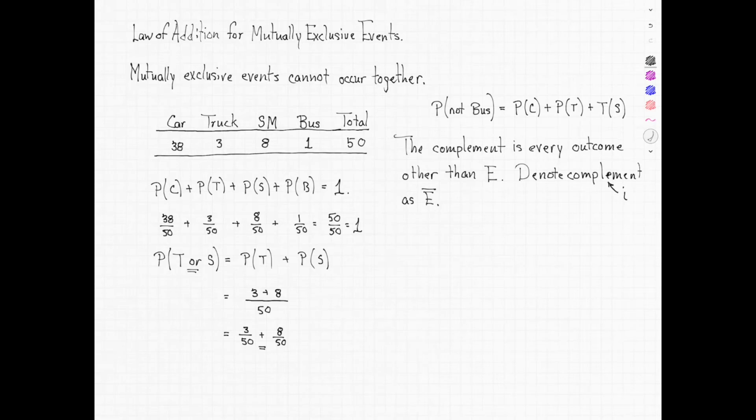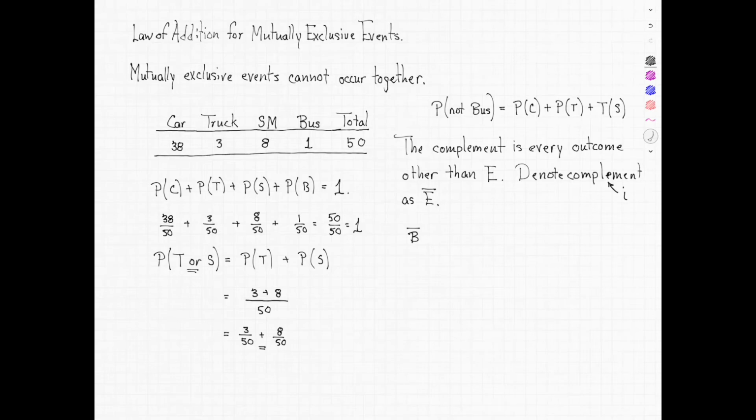Okay, so if I want everything other than the bus, I could add up all of those three, the probability of a car, a truck, and an SUV, or I could just say, well, what I want is that it's not a bus. So that's the same as saying the car, a truck, an SUV. But let's look at one more thing about this.